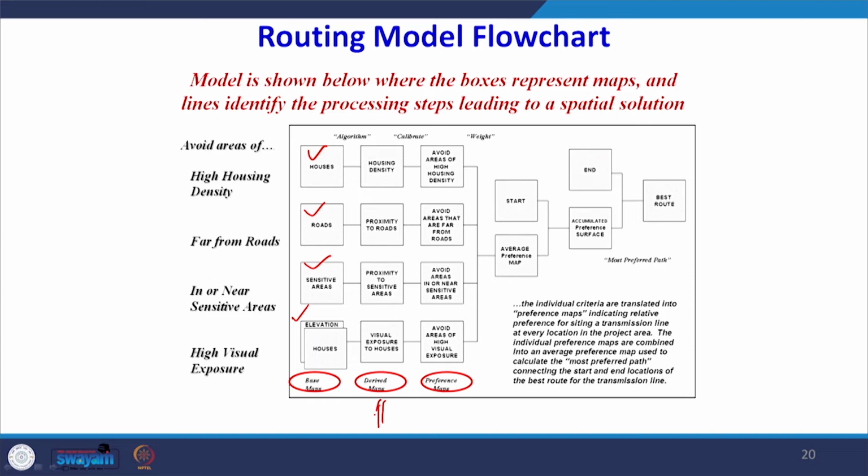So, you can derive several maps from the input data like housing density map, the number of houses per unit area, proximity to roads. So, you can create a buffer map of the area, proximity to sensitive area because you have to plan it away from those sensitive areas, then visual exposure to the houses, the visibility analysis, intervisibility analysis, which I have shown in the earlier lecture. So, you carry out that and then you create some kind of a criteria.